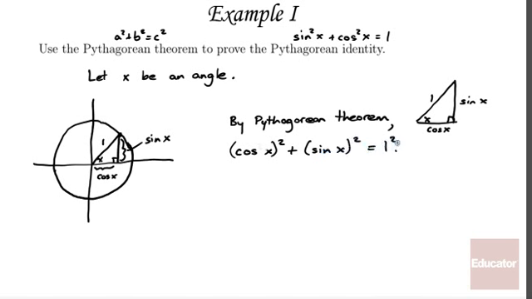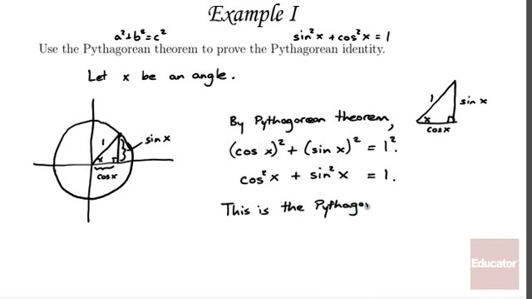That's the length of the hypotenuse. But then if we just do a little semantic cleaning up here, 1 squared, of course, is just 1. Cosine x squared, the common notation for that is cosine squared x plus sine squared x is equal to 1. So we've just derived an equation, and look, this is the Pythagorean identity.